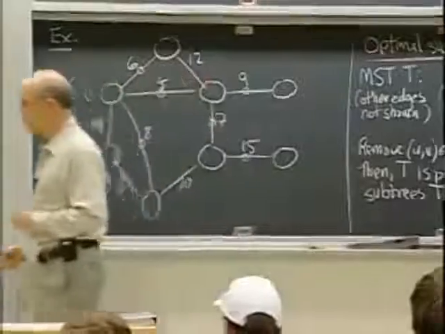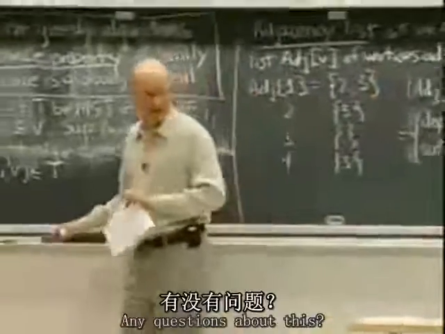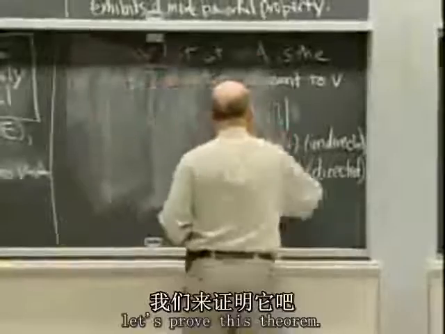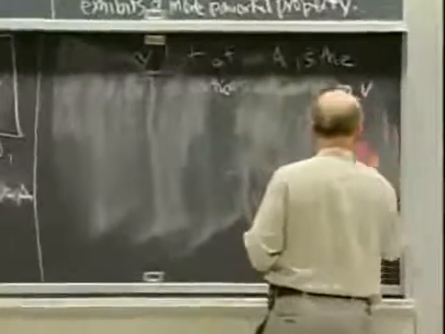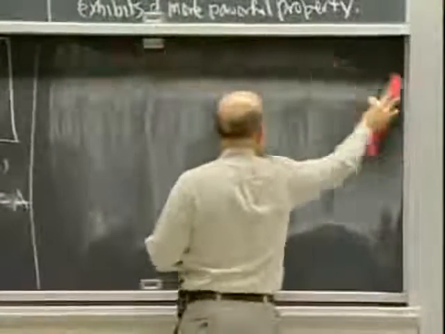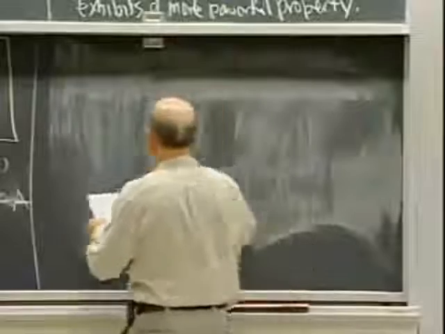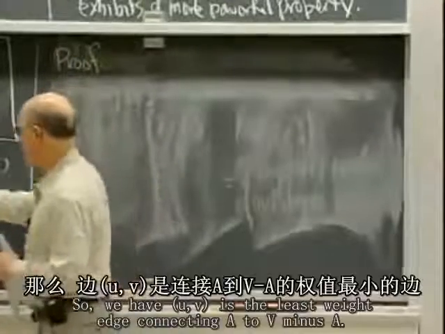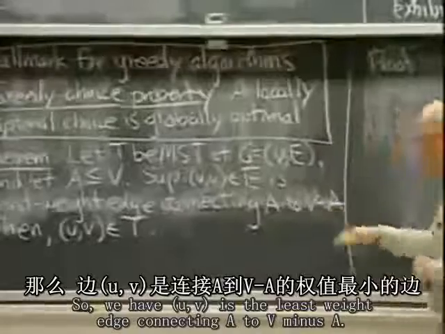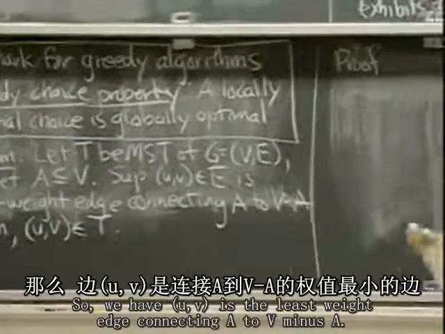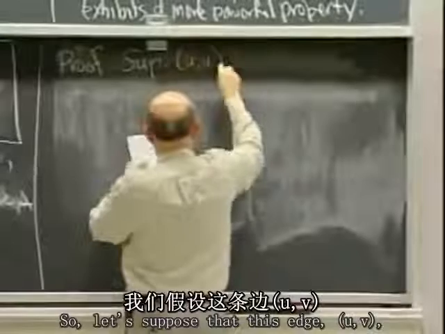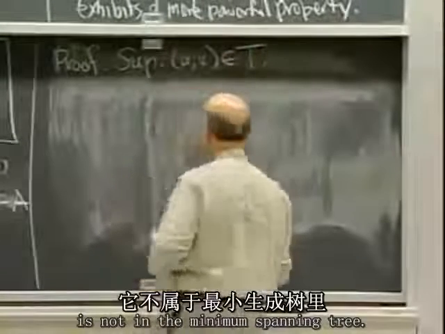Okay, so let's prove this theorem. Any questions about this? Okay, let's prove this theorem. So we have UV is the least weight edge connecting A to V minus A. Let's suppose that this edge UV is not in the minimum spanning tree.